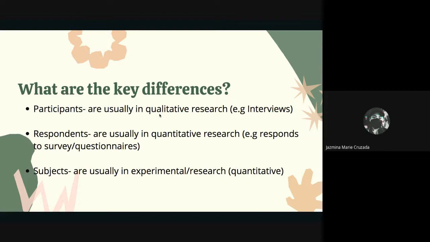The word subject is a term used more in science because subjects generally are passive. Subjects are typically observed or investigated rather than actively answering questions or responding to questionnaires by the researchers. I hope you got the key differences of those three terms. Next slide.